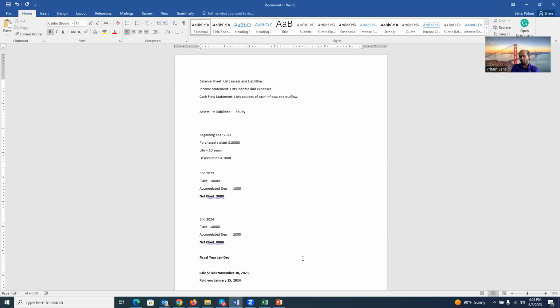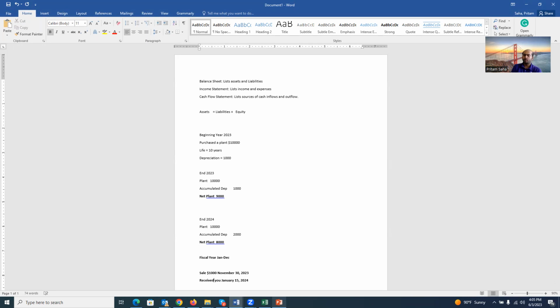So you should record that sale in your income statement for the period of January to December 2023. On the other hand, cash flow statement said that you received, because your buyer paid, so you received the cash on January 15, 2024. So you should record the cash on the period of January to December 2024. So that's the major difference.